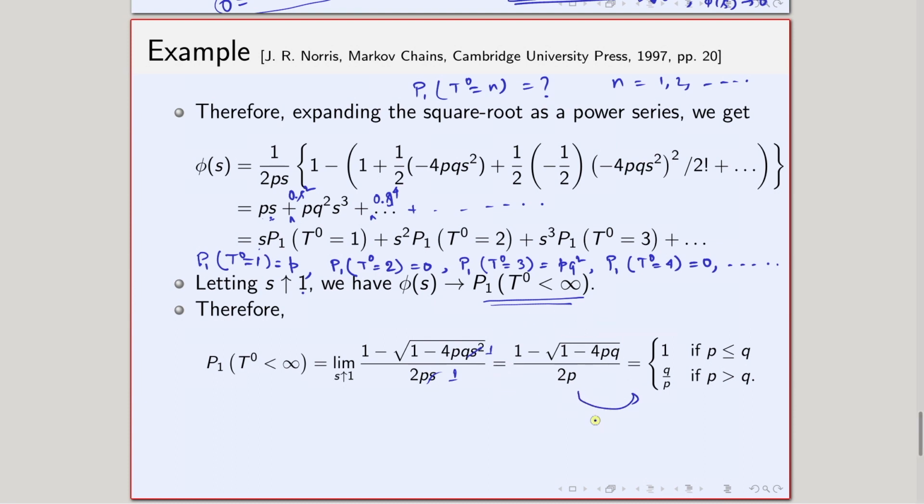Now if you use the relation p plus q equals 1, this particular quantity can be written in this form. I again leave it as an exercise. Replace this q with 1 minus p here, and you will get this quantity. So just check it.